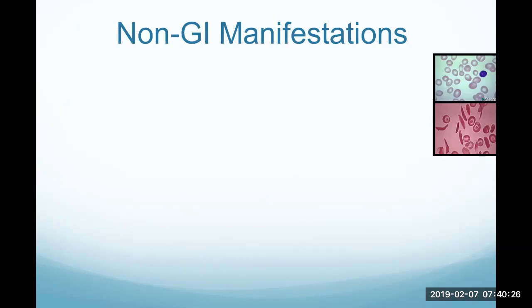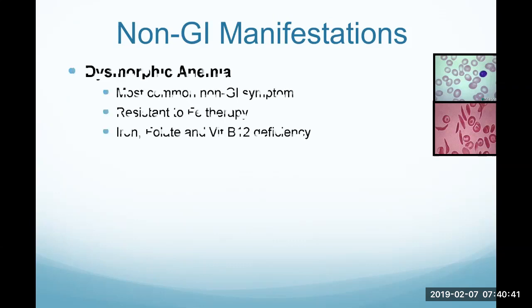The other non-GI manifestations, which are not the classic manifestations of celiac disease but are now getting more and more common because we have started screening patients with similar symptoms, include anemia. It is the most common non-GI symptom and can be secondary to iron, folate, and vitamin B12 deficiency. Having said that, vitamin B12 deficiency is very rare in these kids.